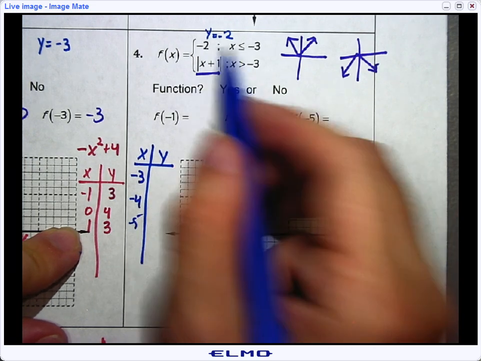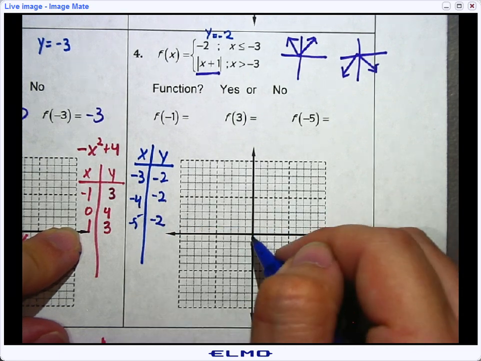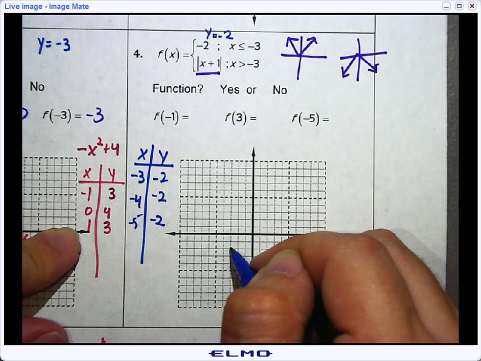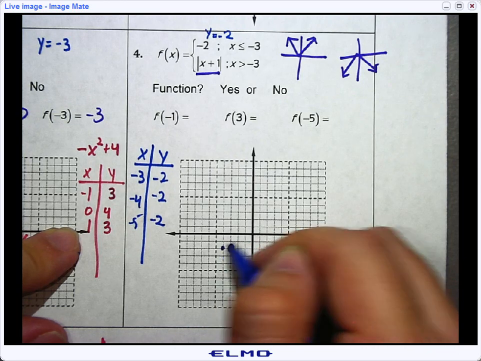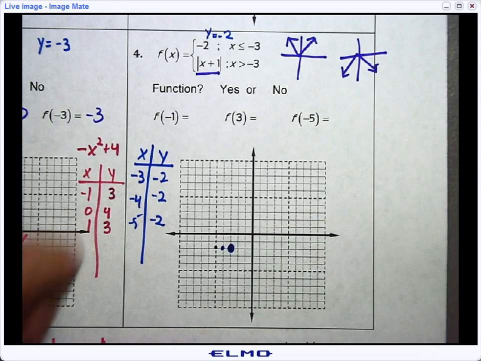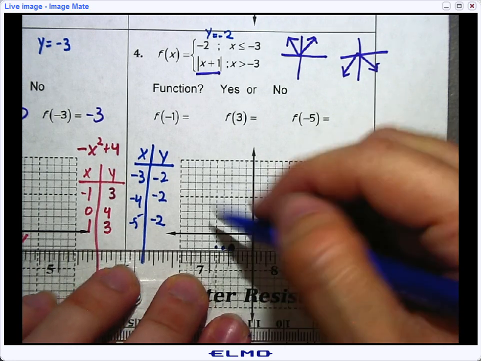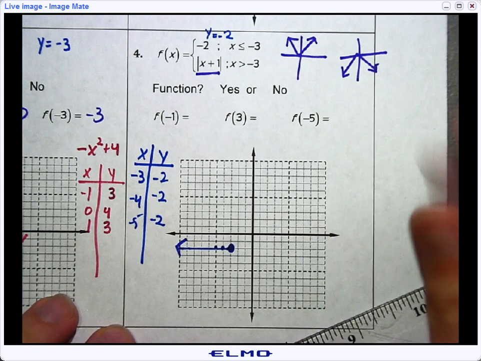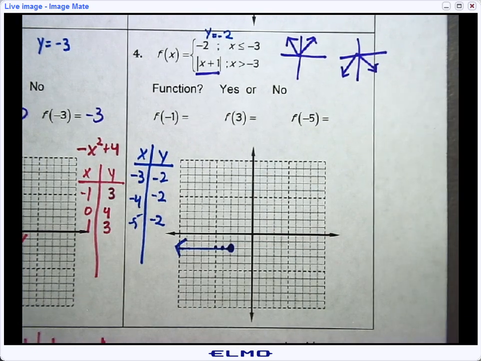The y value is always -2. So if I plot the point -3, -2, I would have a closed circle there. And then the point -4, -2 would have a dot there, and so on and so forth. So my line goes this way. All right, that takes care of the first one.